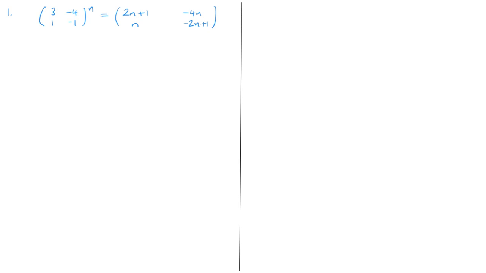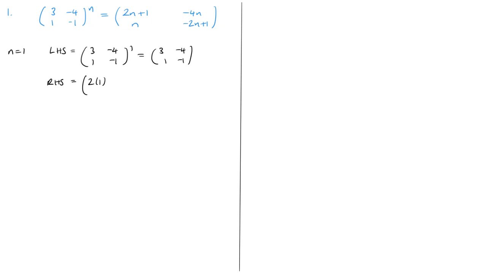Okay, it's question 1, and it's the same start for all of these. N equals 1. So looking at the left hand side, this is (3, -4; 1, -1) to the power 1, which is (3, -4; 1, -1). I know that's kind of obvious, you know, this is this, but you do need to put it down because you are doing a proof after all.